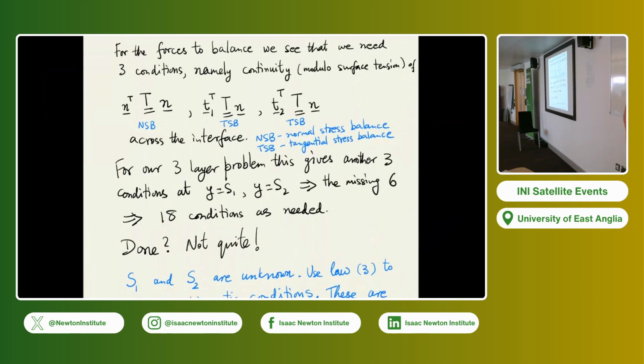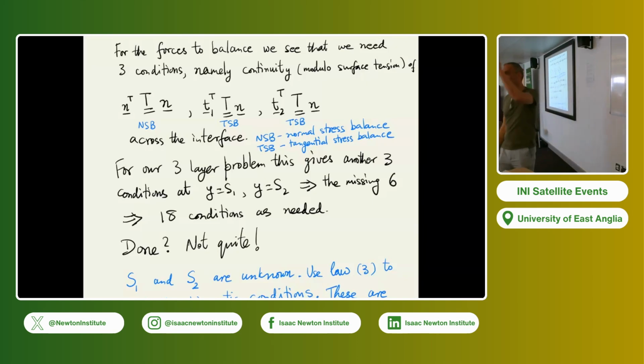So here they are in a little bit more detail. These are the conditions. One way of doing it is you take the 3 by 3 matrix times the vector n. That's the force, a 3 by 1 matrix, and then dotted with n.